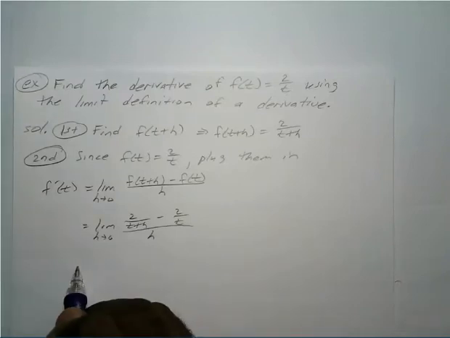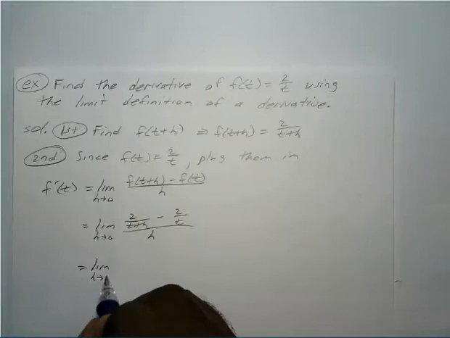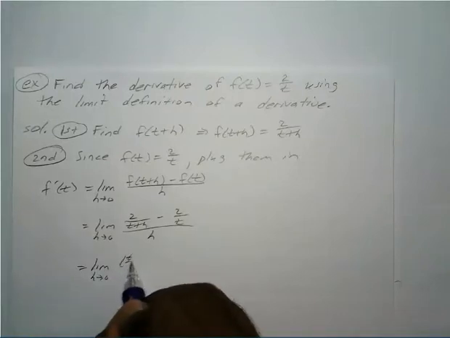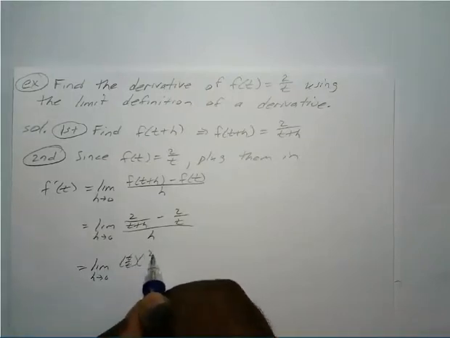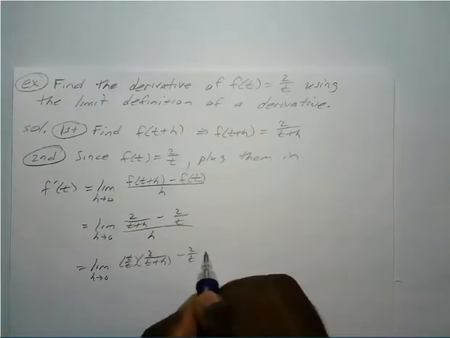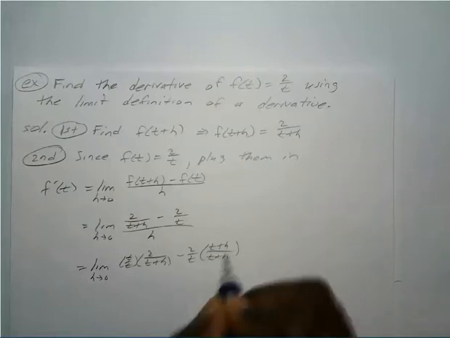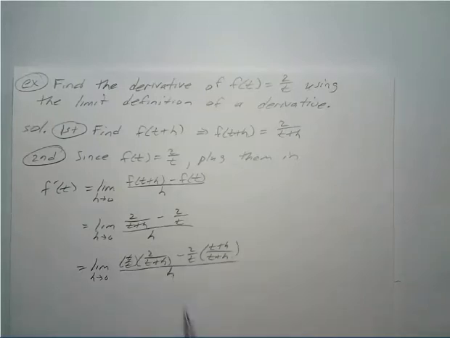Again, we're going to get our common denominator, so it's the limit as h approaches 0 of t over t times 2 over t plus h minus 2 over t times t plus h over t plus h, all over h.